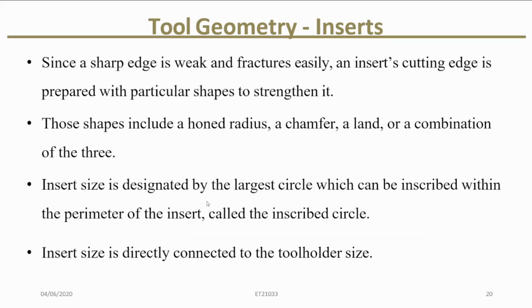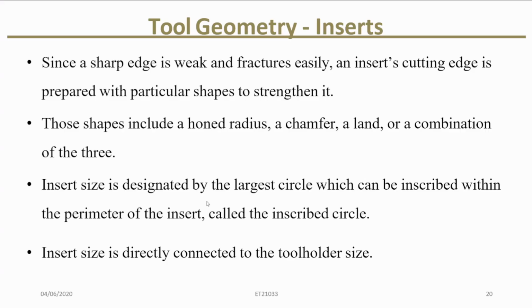Since a sharp edge is weak and fractures easily, an insert's cutting edge is prepared with particular shapes to strengthen it. Those shapes include a hone radius, a chamfer, a land, or a combination of the three. We already discussed this one.